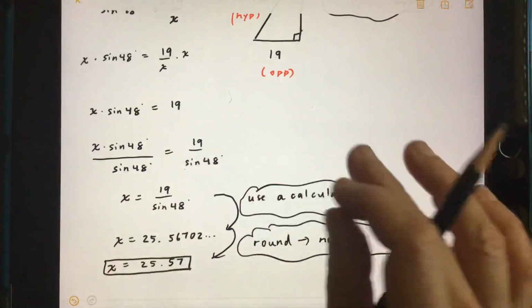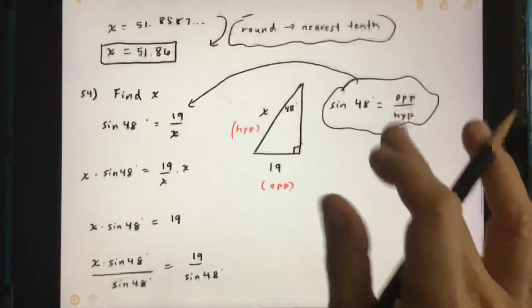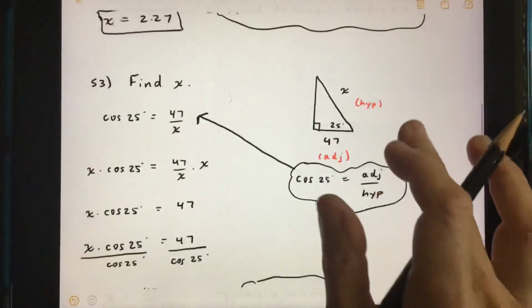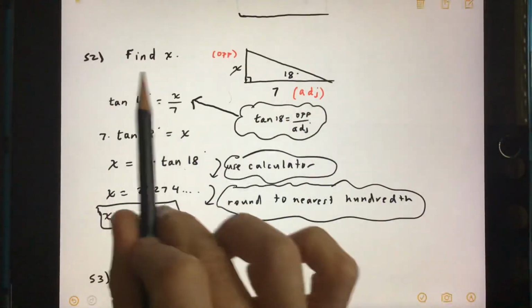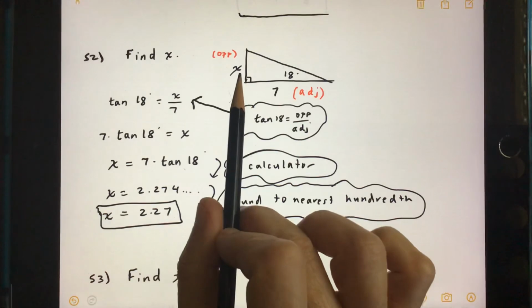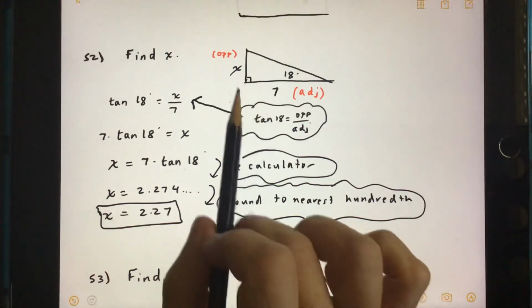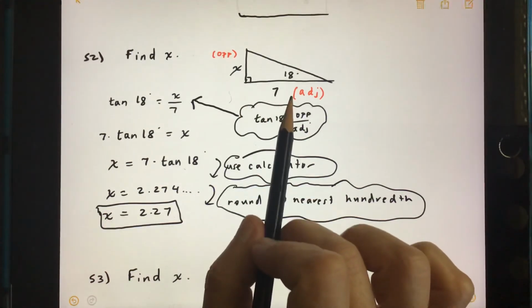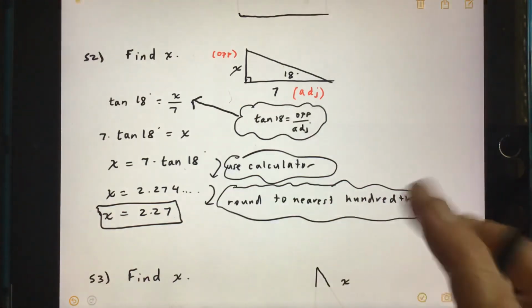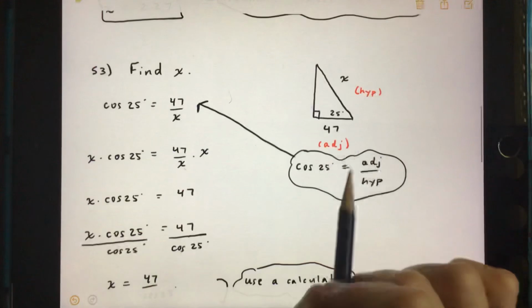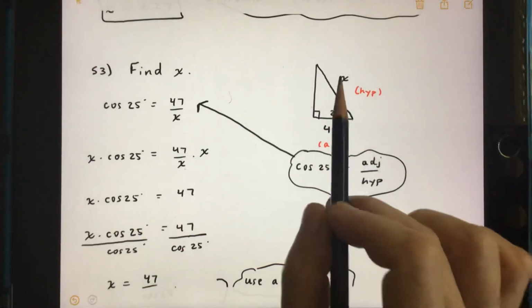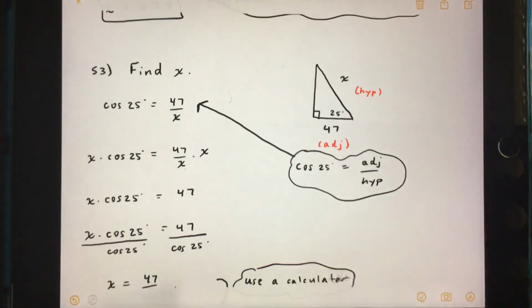So again, we determine whether we're going to use a sine, cosine, or tangent based on the information we're given. Going back to our sample 2, we used tangent to find out the value of x because we had labels for our opposite and our adjacent sides of the triangle. And opposite and adjacent, that ratio is your tangent ratio. Sample 3, we used cosine because the parts of the triangle that were labeled were the adjacent side and the hypotenuse.